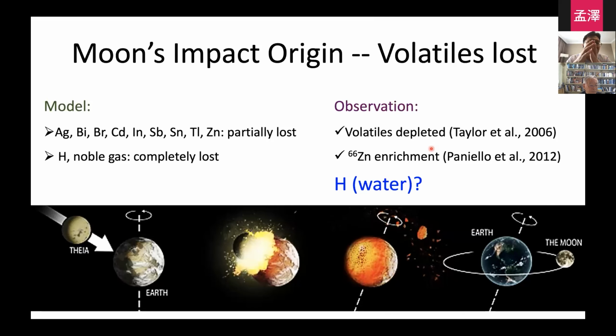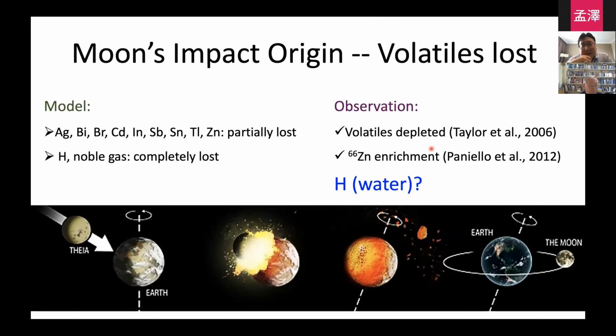As we know, moderately volatile elements like silver, bromine, indium, and zinc will be partially lost. For hydrogen and noble gases, these very volatile elements would be completely lost during these processes.